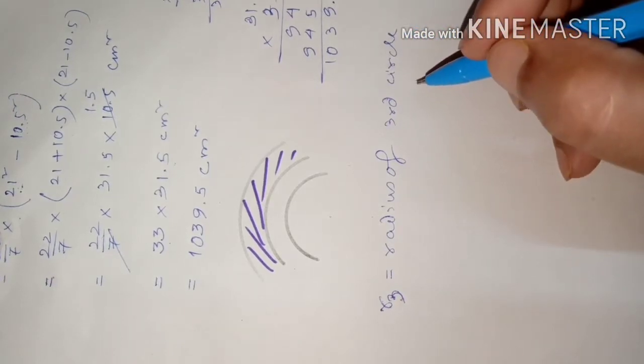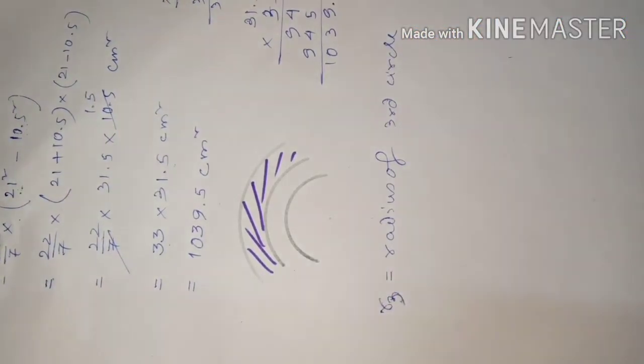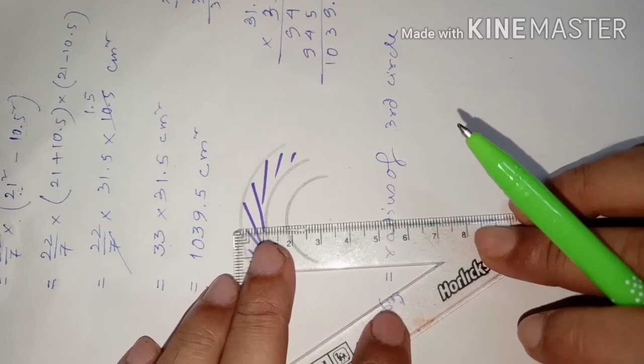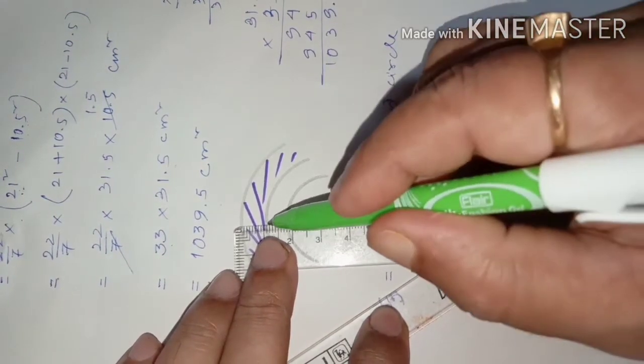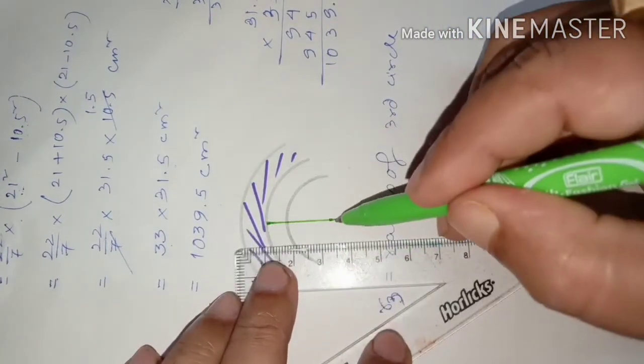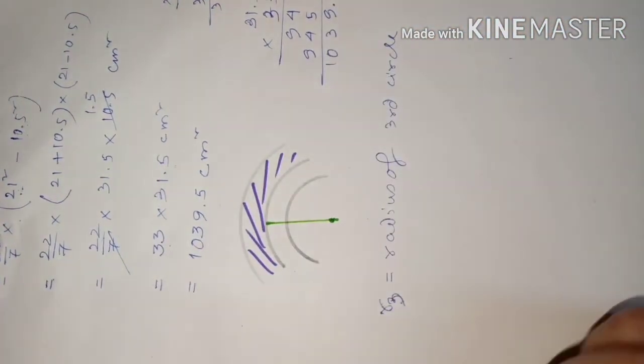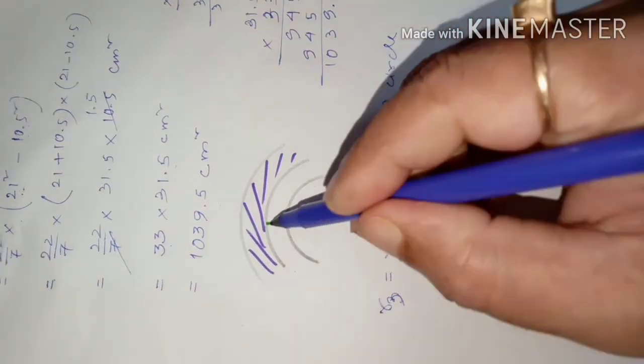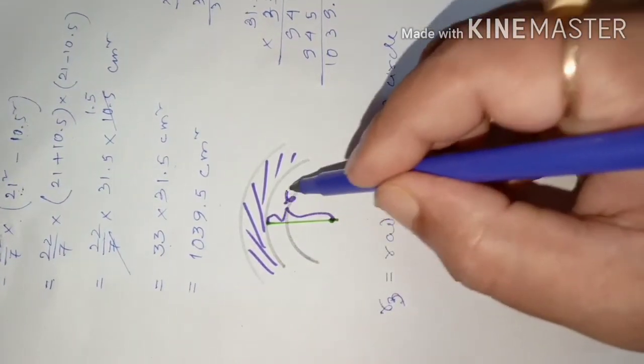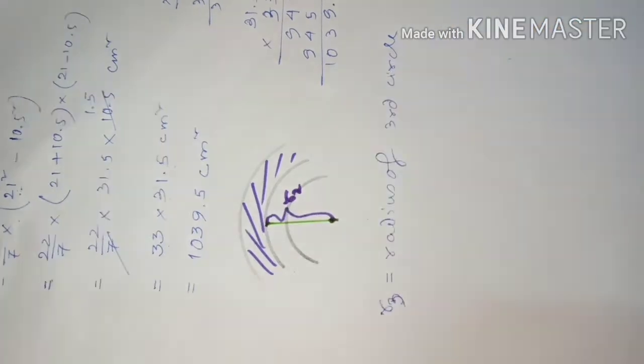How much will it be? You can understand from here that the radius of the third circle will be again 10.5 more than the radius of the second circle. The radius of the second circle was from this point to this point, that is R2. Then again another 10.5 is increased, an extra 10.5 for the radius of the third circle.